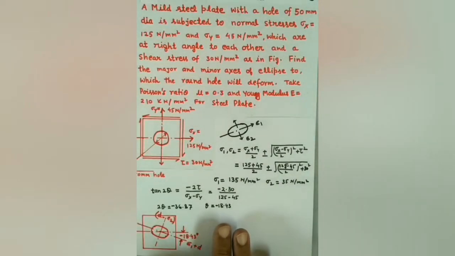Since theta we have found is minus 18.43, the hole will deform in an ellipse such that its major principal axis is at an angle of 18.43 degrees in clockwise direction and the minor axis will be perpendicular to it.